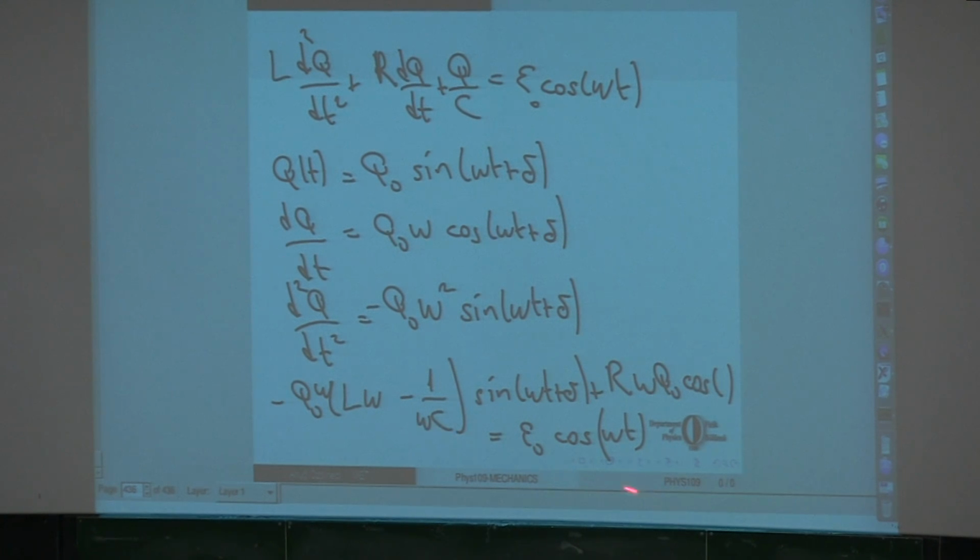Now we will use a different trick rather than trying to solve this equation directly. We will use the vectors.